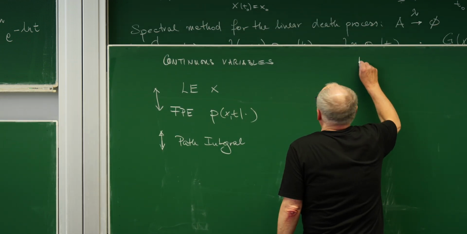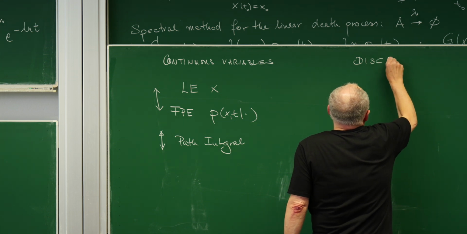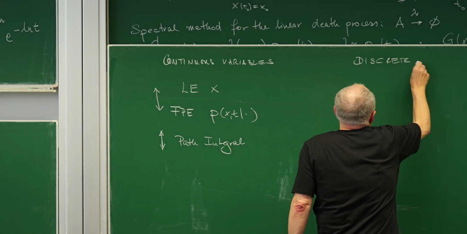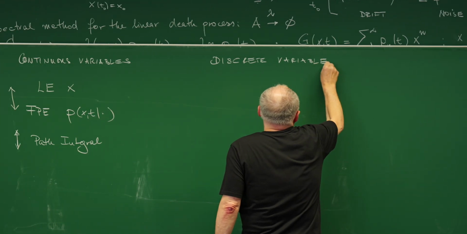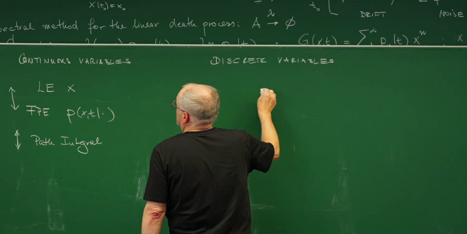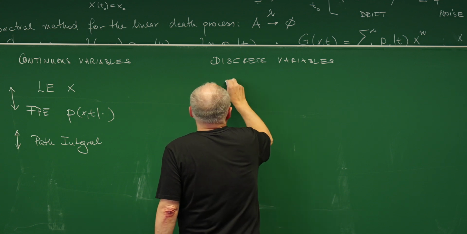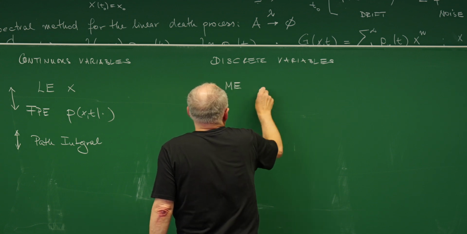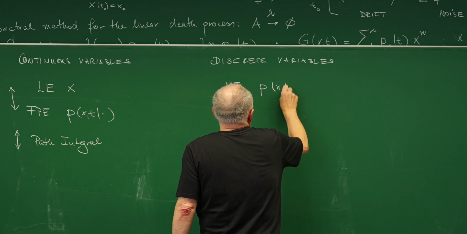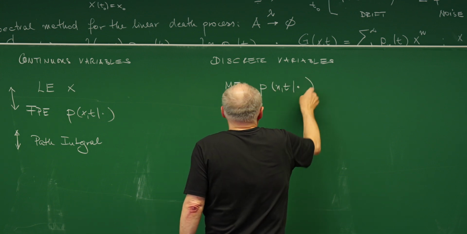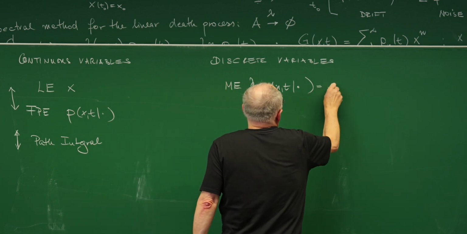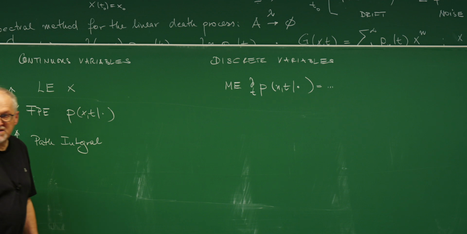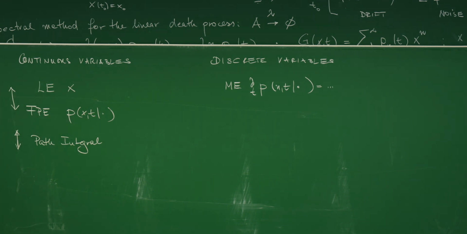Let's just say we have discrete variables. That means we have a master equation. This is for P of n and t, given some condition, some time derivative of that. That's gain minus loss. Okay, and that's the analog of the Fokker-Planck equation.